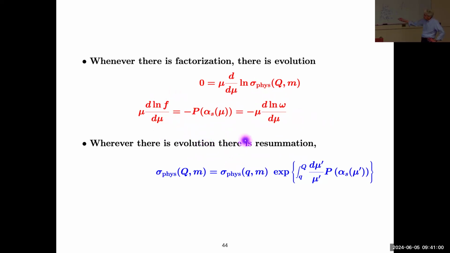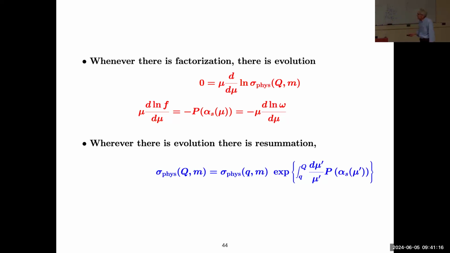So this thing I've denoted, P of alpha s of mu, is a separation constant. It's exactly the technique that one uses in solving the Schrodinger equation for the hydrogen atom.